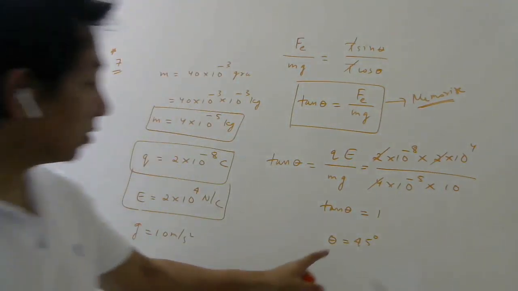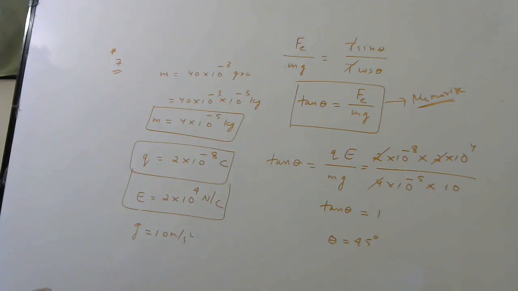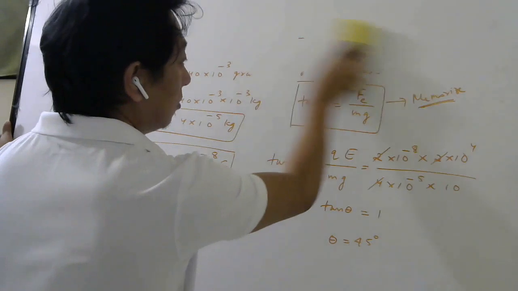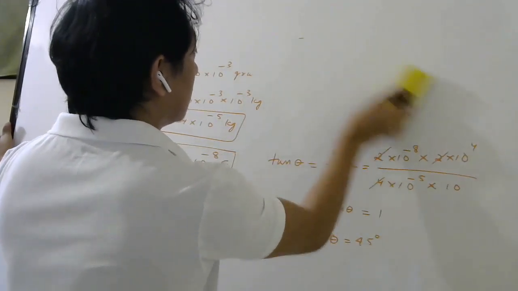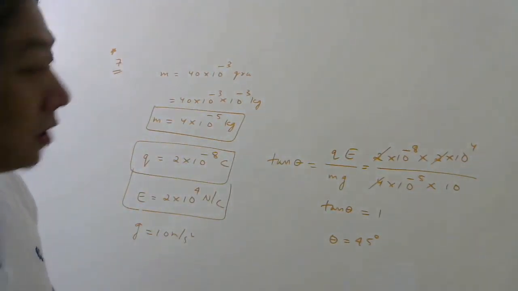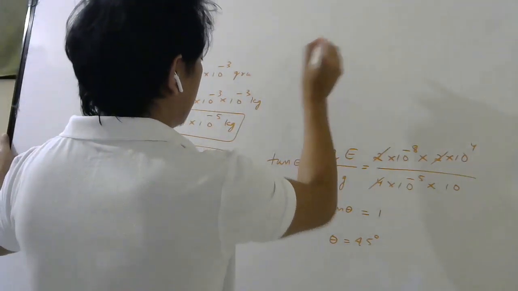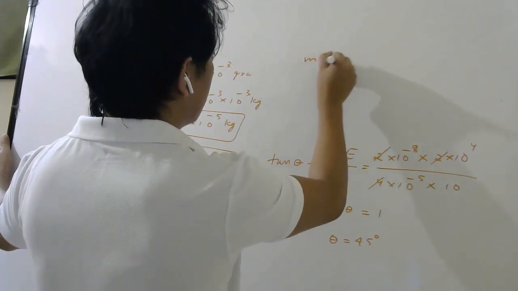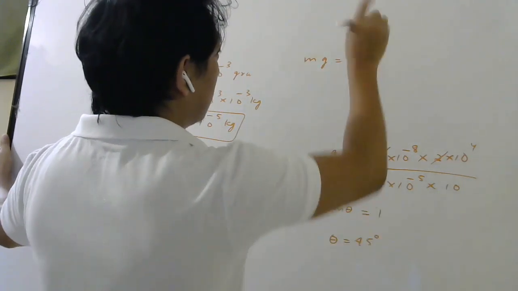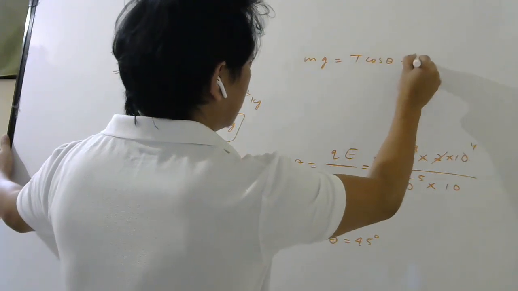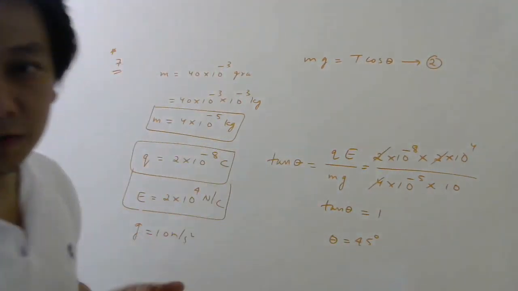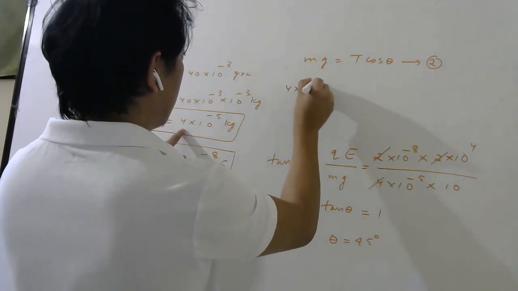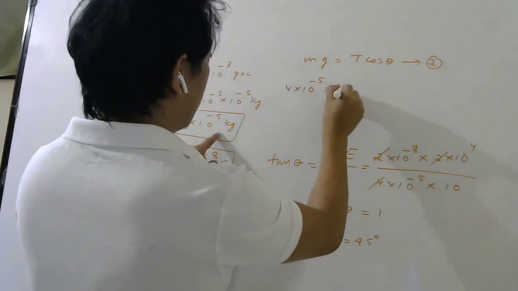Right? So once we know tan theta gives 45 degree, they also asked you to find tension, right? So theta is 45 degree. Keep a note of this. Now we had a formula where I wrote, mg will balance, mg was down, right? So T cos theta. Remember this formula I wrote, equation 2 I think. You can use equation 1 also. Now what is the mass of the bob? 4 into 10 power minus 5. g is 10.